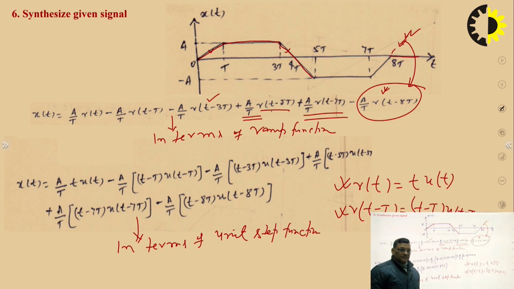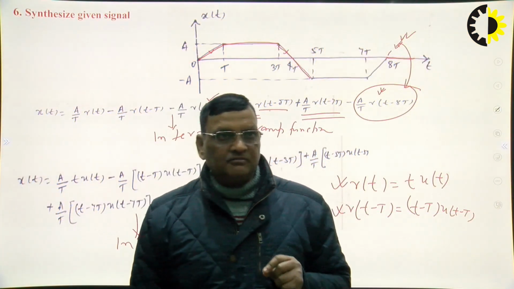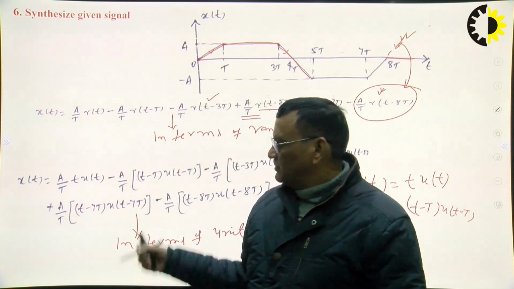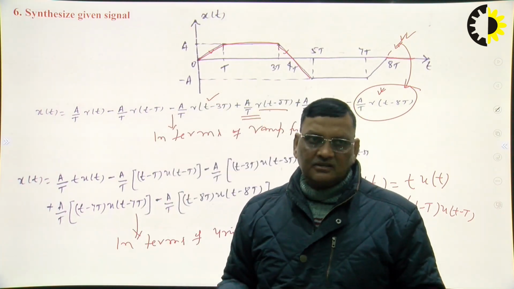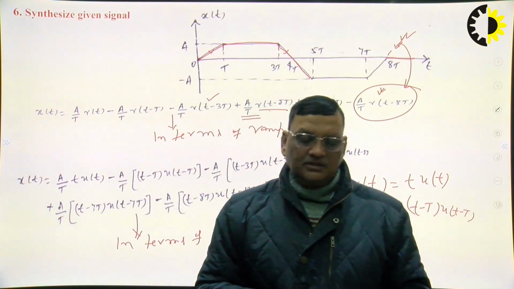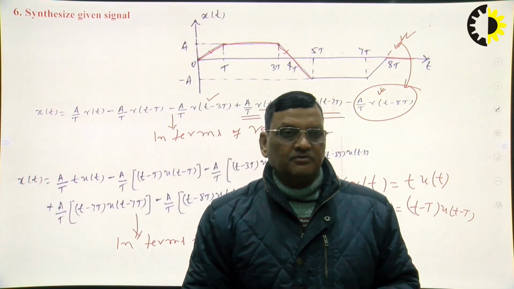So either in the examination the question may be to synthesize the given waveform in terms of ramp, or synthesize the given waveform in terms of unit step. So write the equations and then use the relationship between the unit step and ramp. So this is about the waveform synthesis.